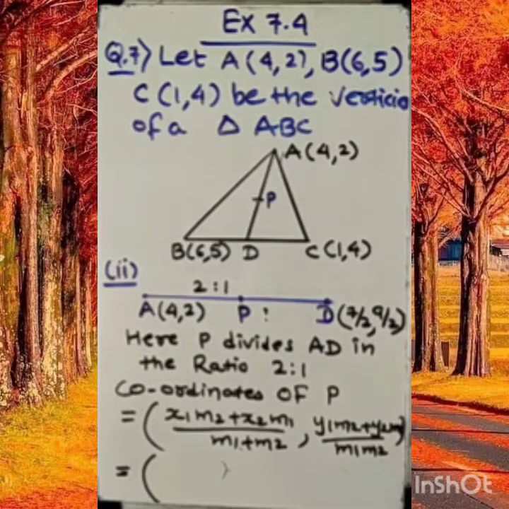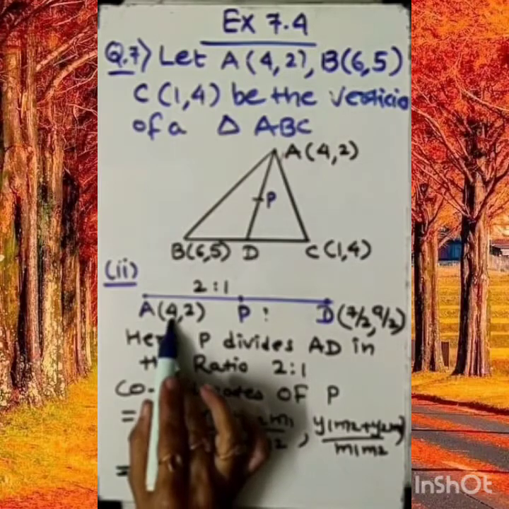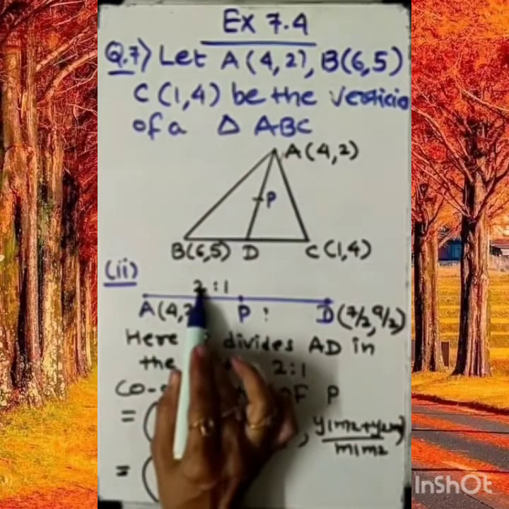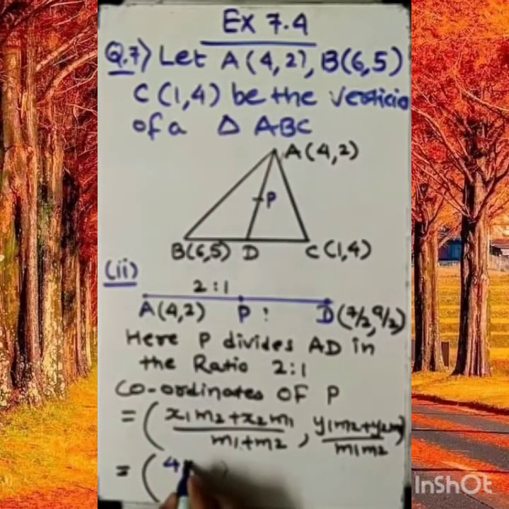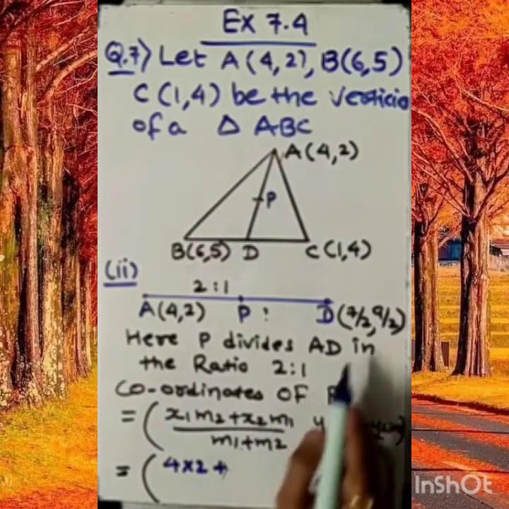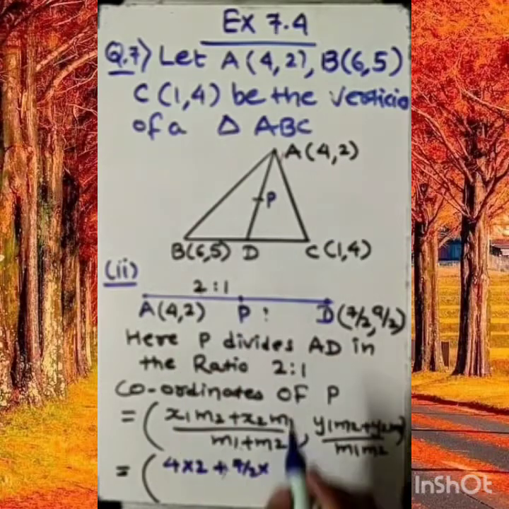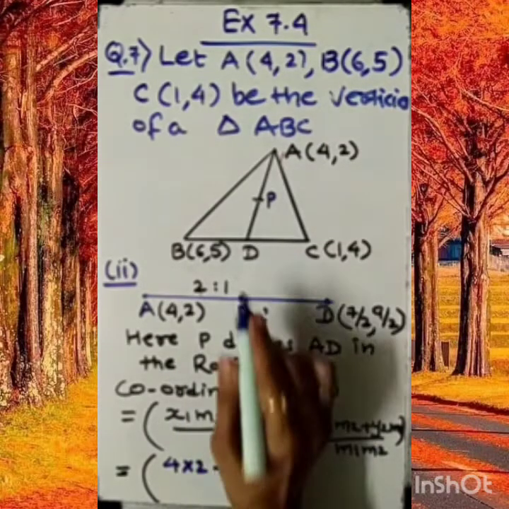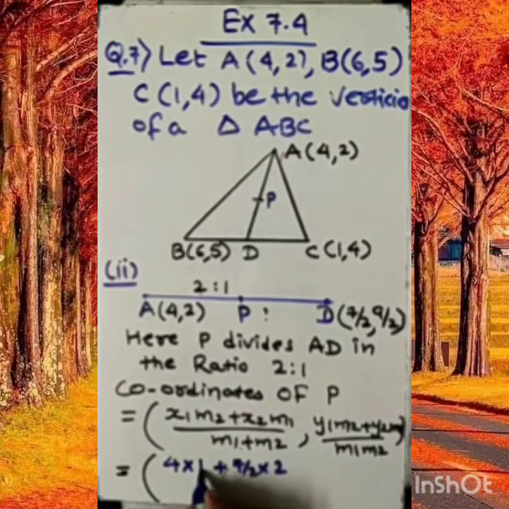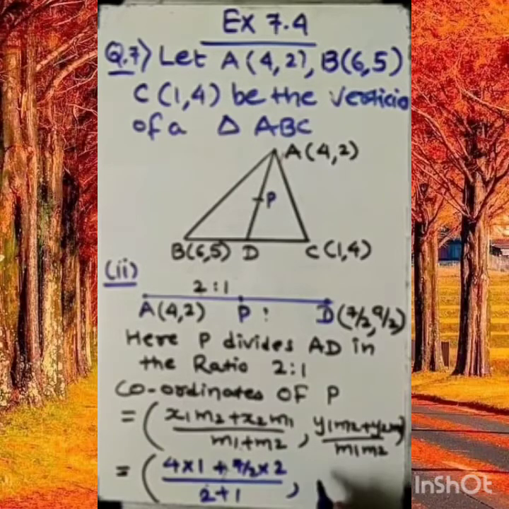Now x1 into m2. Listen dear, x1 is 4, m2 is 1. So here 4 into 1. What is x2? 7 by 2 into m1. m1 is 2, m2 is 1. Upon m1 plus m2, so 2 plus 1. Comma. Y1, what is y1?